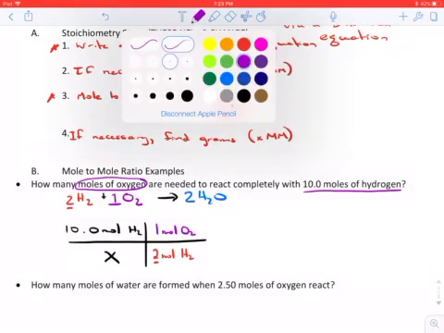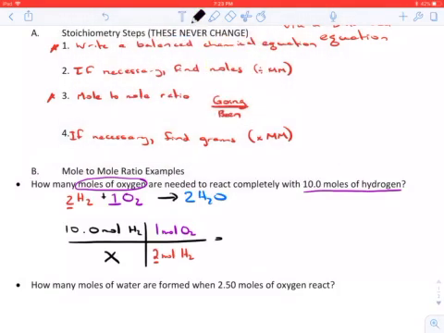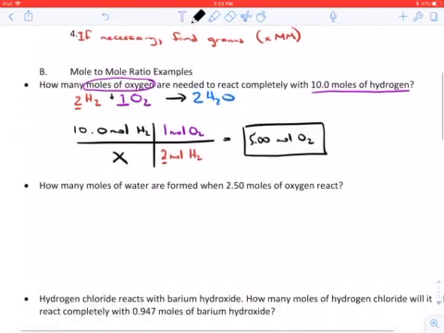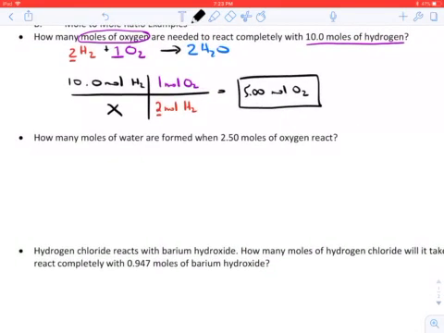That makes sense because for every 2 moles of hydrogen, I only need half that amount. So we've got 5.00 moles of O2 is how much we need if we react 10 moles of hydrogen. Hopefully that makes sense, but let's keep on rolling.